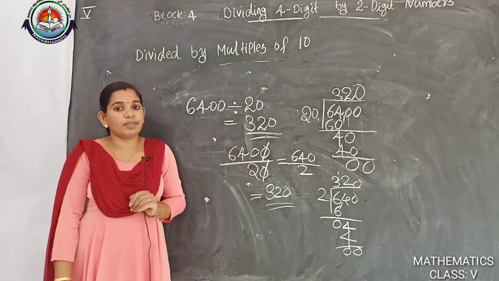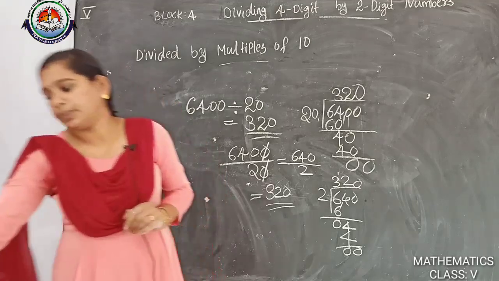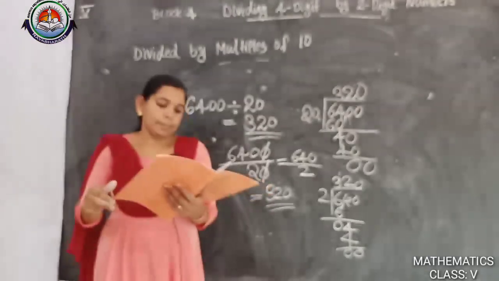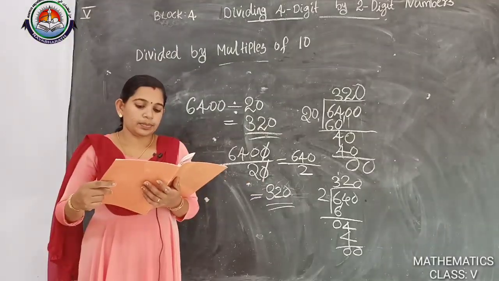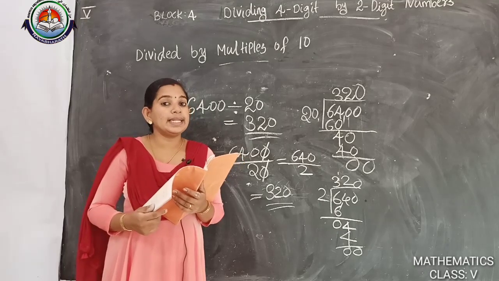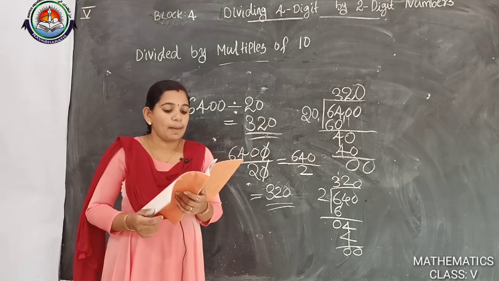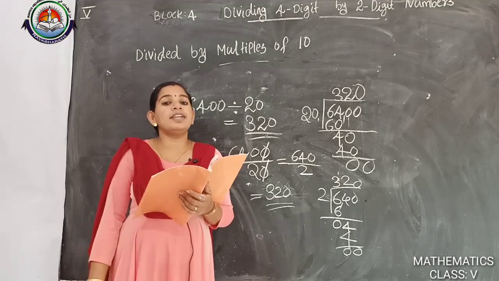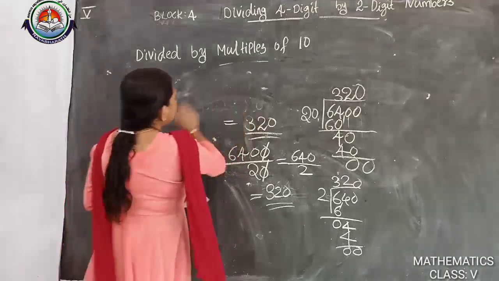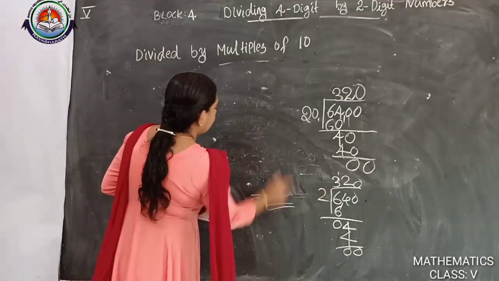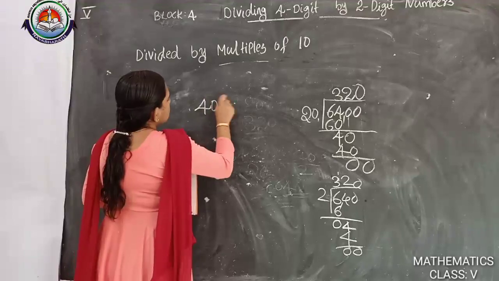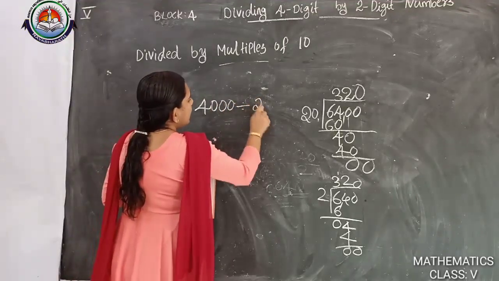So we will do one problem from your textbook. In the textbook, second question: divide mentally. 4,000 divided by 20.